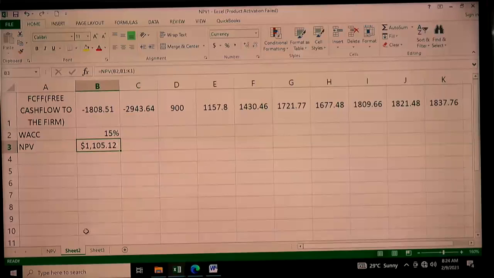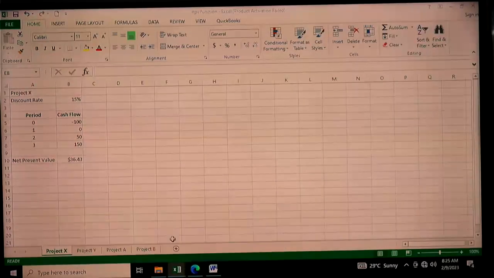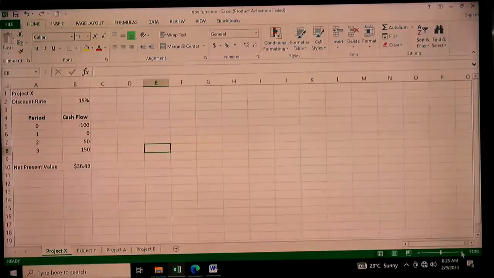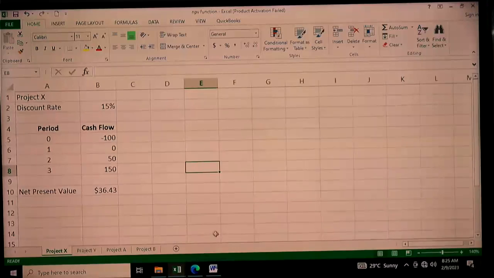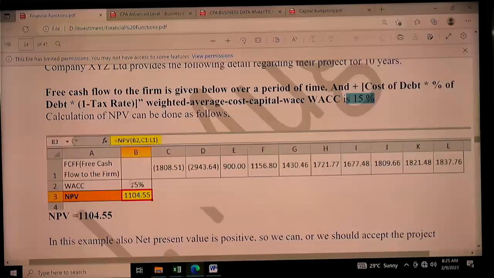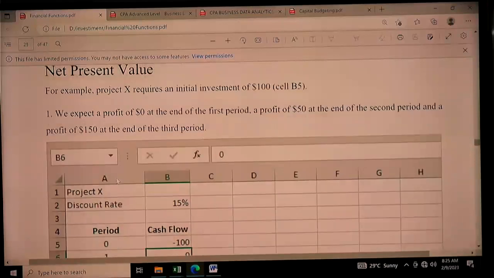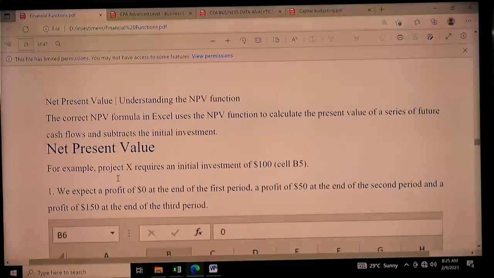So in that worksheet I send you, now I want to confirm a little bit further, when you are using the NPV, whether the project is worth it or the project is not worth it. That is our next discussion. We are going to check the net present value to confirm whether the project is worth it or not.